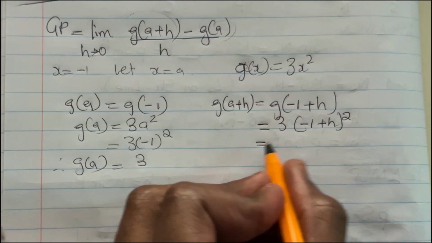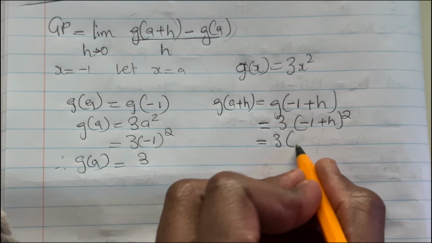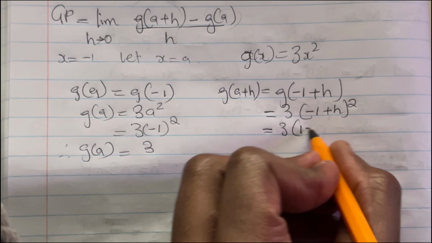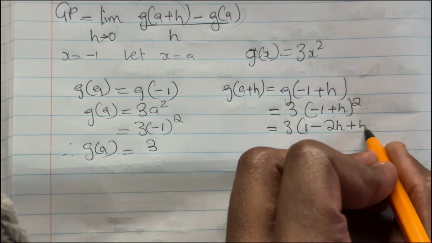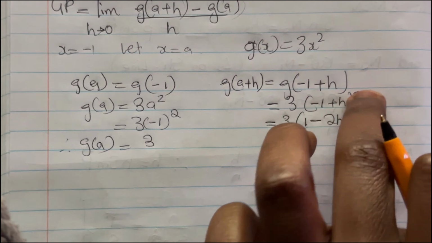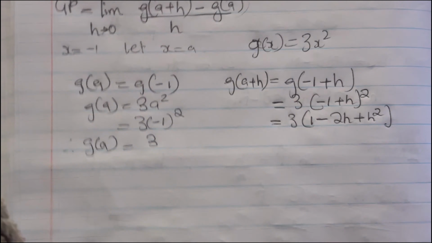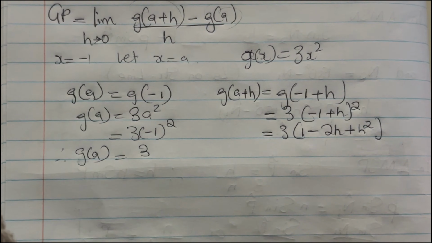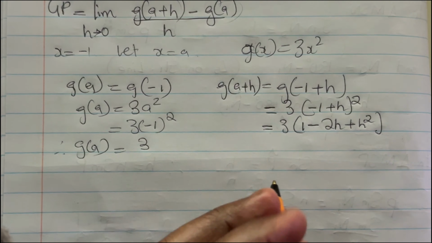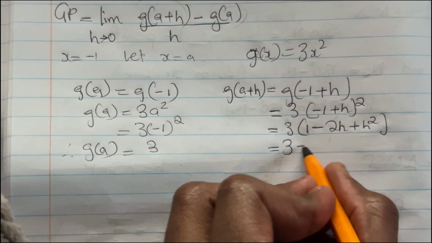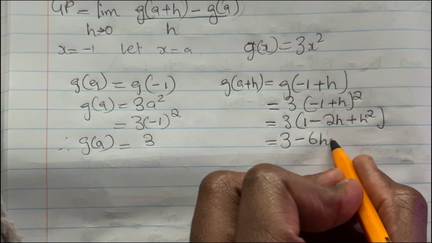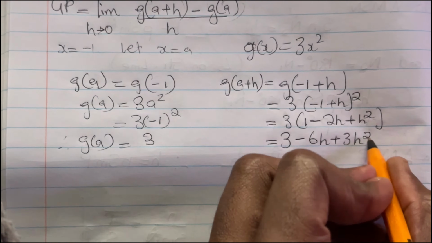Then you simplify this further, you have 3, then you factorize this one. You're going to have 1 minus 2h plus h squared. You just open the double bracket, then after that you simplify it. Then you just multiply by 3, giving 3 minus 6h plus 3h squared.